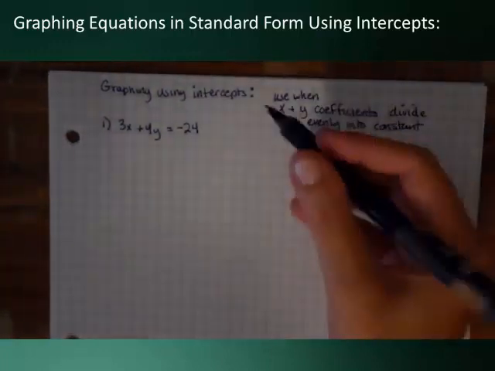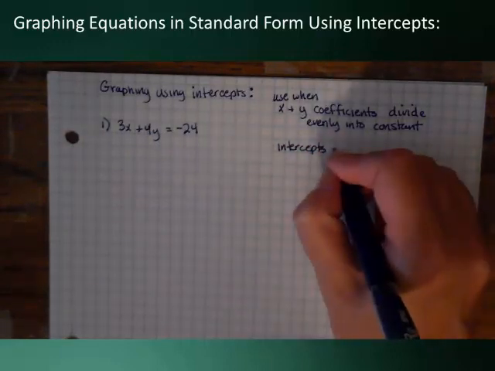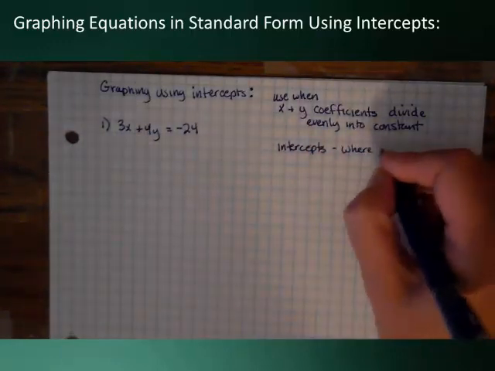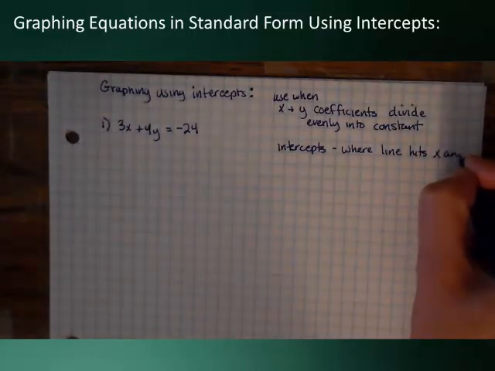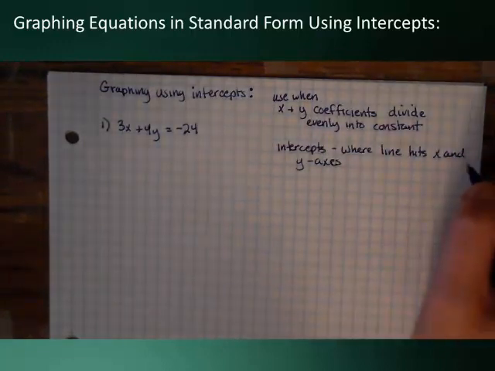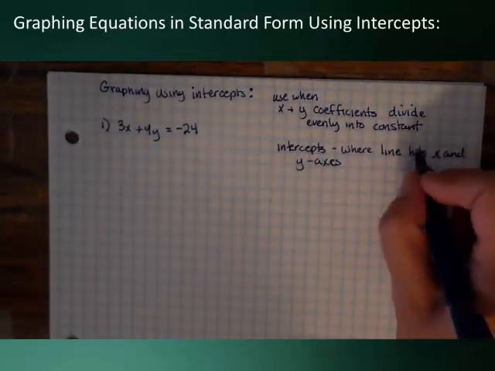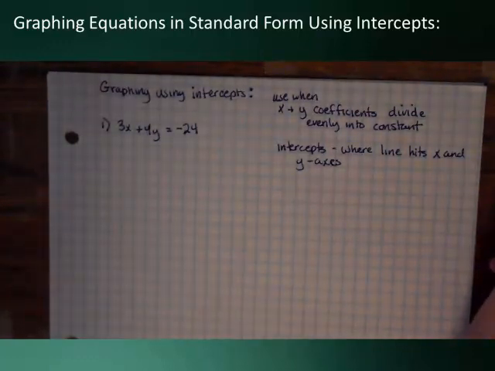Now, intercepts are where the graph hits the x and y axis. The x-intercept is where it hits the x-axis, and the y-intercept is where it hits the y-axis.